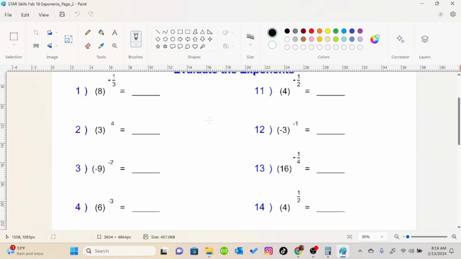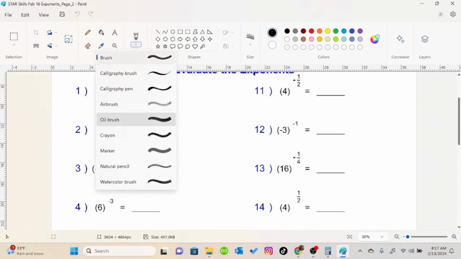On page 2 of the worksheet packet, we are going to start dealing with exponents that are fractions. So, number 1, we have 8 to the negative 1/3 power.